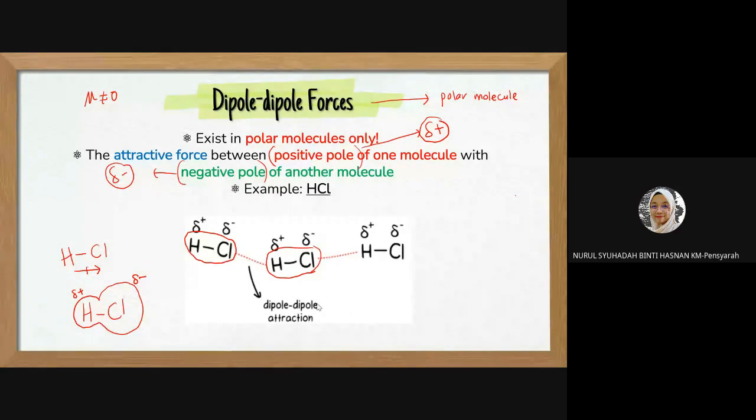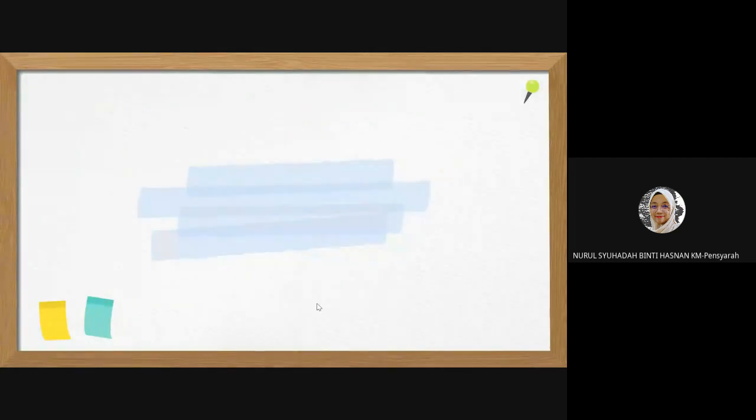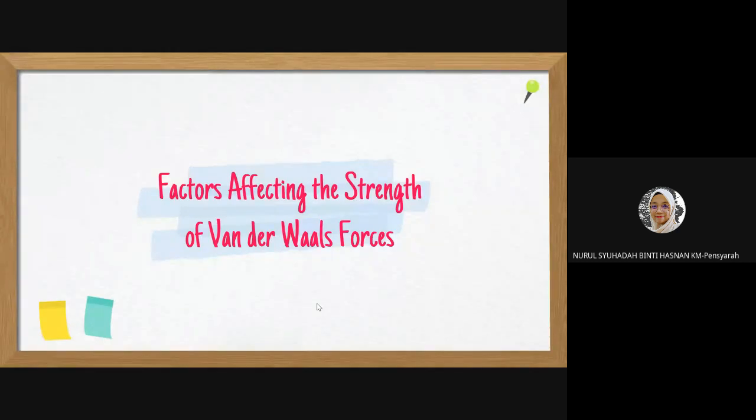Yes. Clear. Okay, now next one. Okay, kita akan tengok pula kepada factors affecting the strength of van der Waals forces. Okay, so untuk factors affecting the strength of van der Waals forces dekat sini, kita akan ada beberapa factor. So there are 3 factors that we're going to look on.